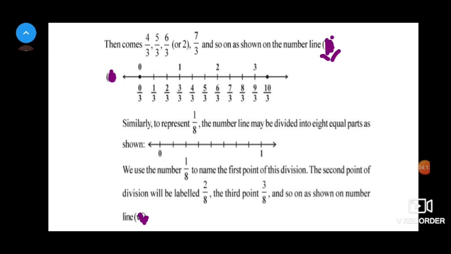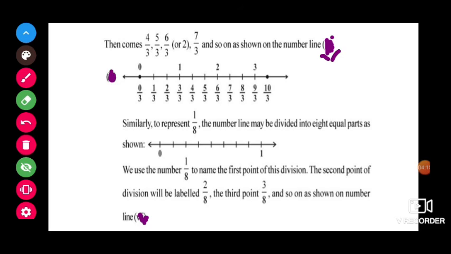So we have to start from the origin, and from the origin 4 steps, based on the numerator, 4 steps we have to move. 1, 2, 3, 4 steps. After moving the 4 steps, that is our rational number 4 by 3.